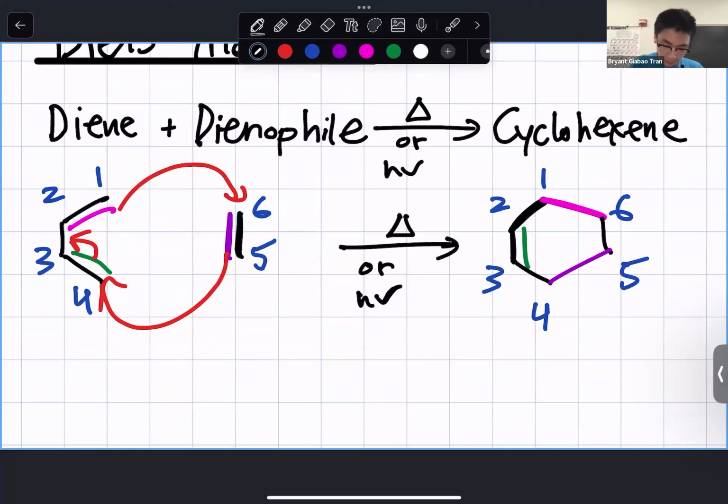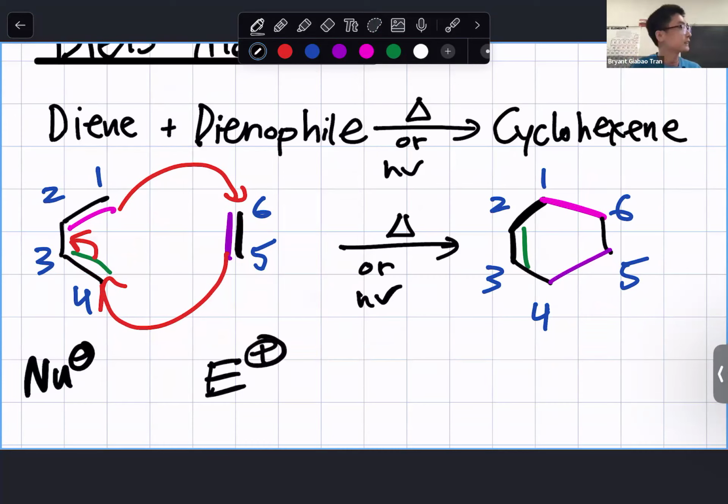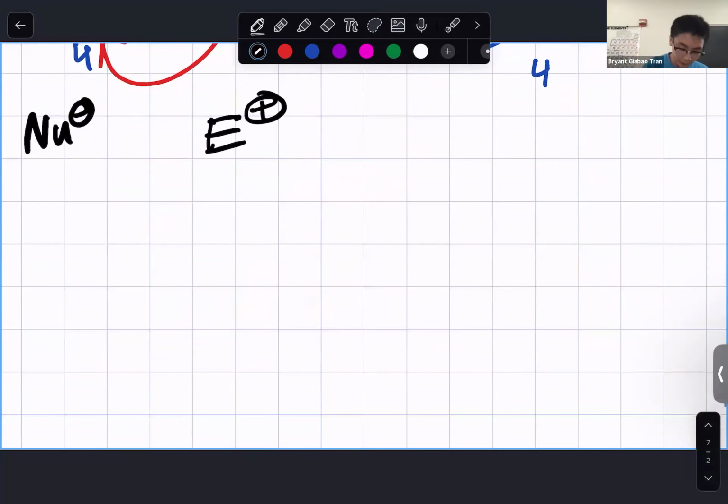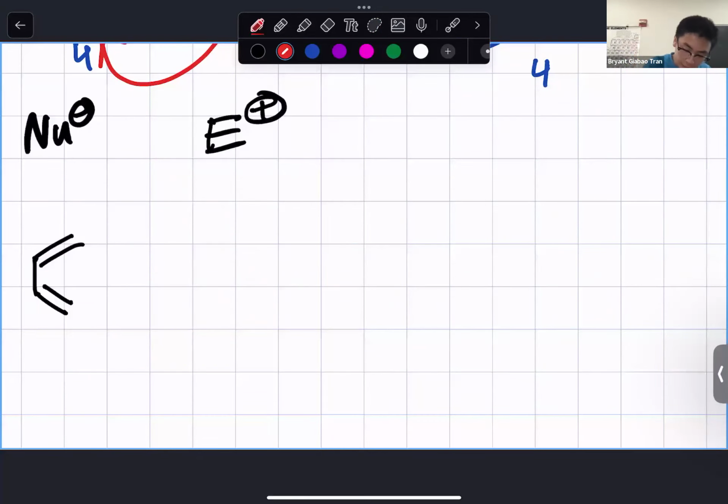Dienes are usually the nucleophiles in this reaction, and dienophiles are the electrophiles in the reaction. So let's make the mechanism more clear. Let's say we have that diene right there and draw its resonance structure. We could move this double bond to make a double bond there, forcing this double bond to go to that carbon right there.